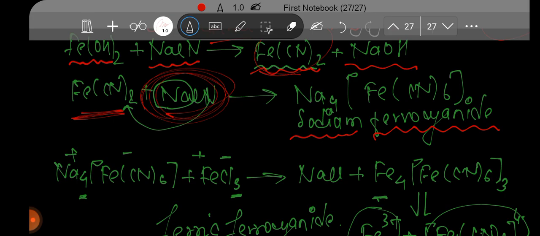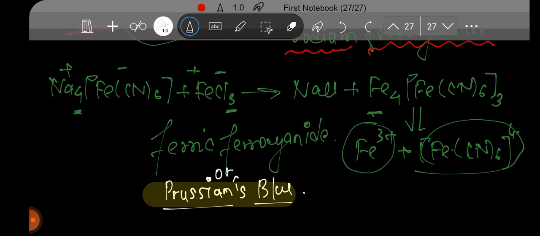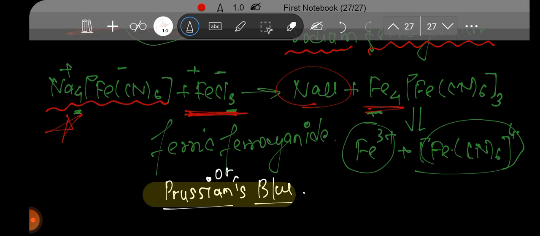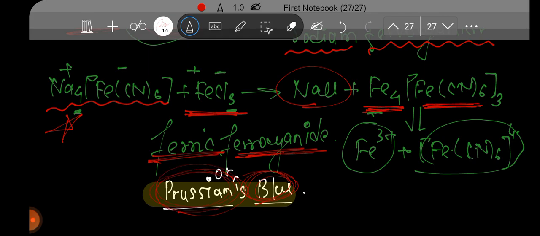Likewise, the main step reaction is that sodium ferrocyanide reacts with iron chloride to give NaCl plus Fe4[Fe(CN)6]3, which is also known as ferric ferrocyanide or Prussian blue.